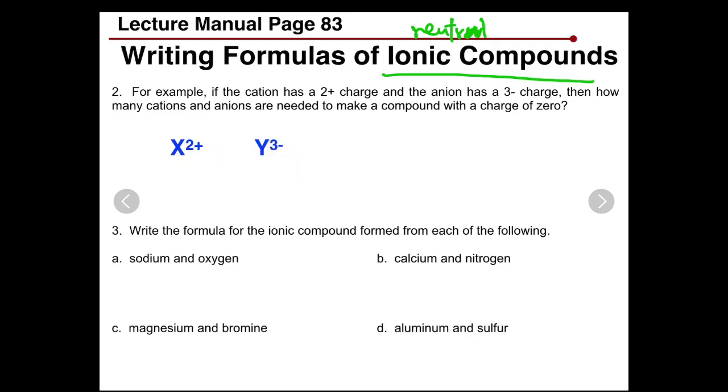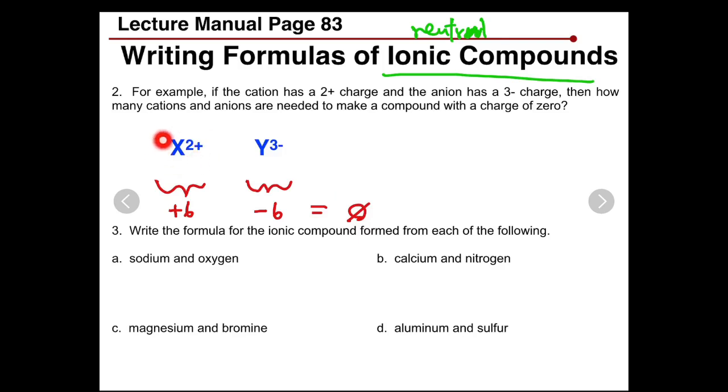For 2 and 3, a common denominator is 6. So in order for them to add up to 0, this has to be +6 somehow, and this has to be -6, because if you add +6 and -6 together, you get an overall 0. This indicates a neutral compound.